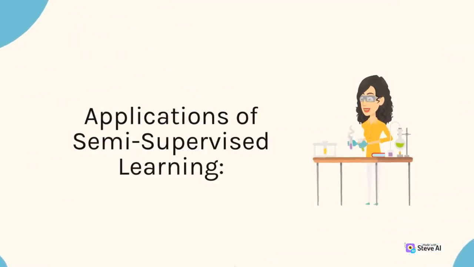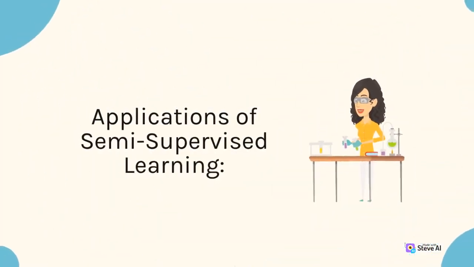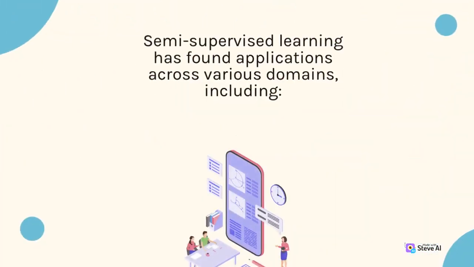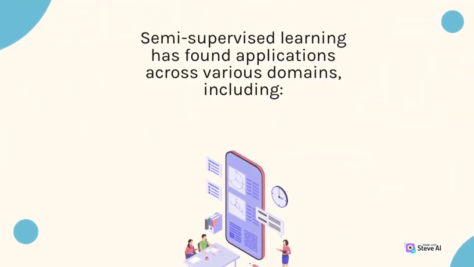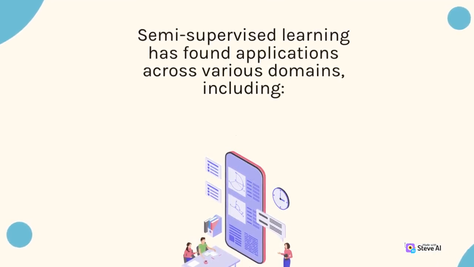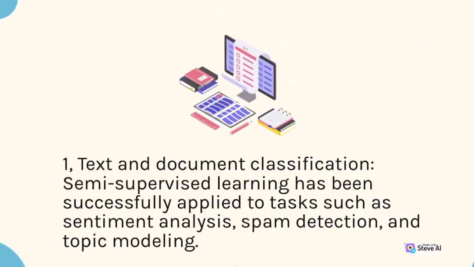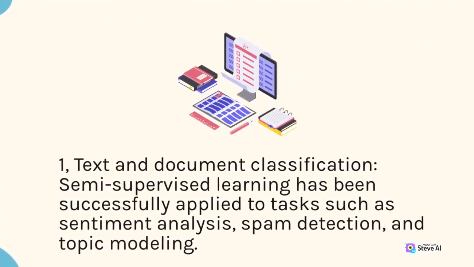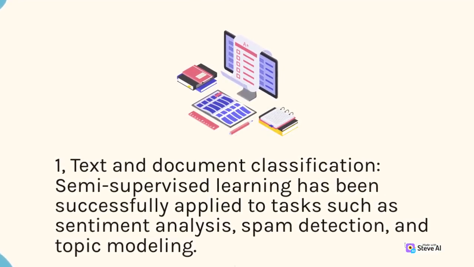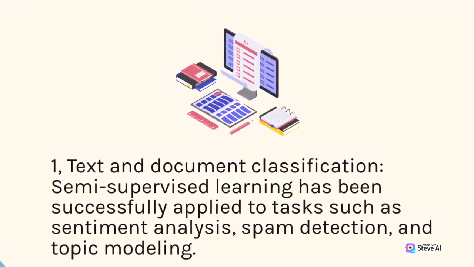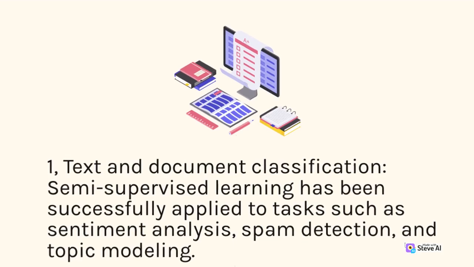Applications of semi-supervised learning. Semi-supervised learning has found applications across various domains, including: 1. Text and document classification. Semi-supervised learning has been successfully applied to tasks such as sentiment analysis, spam detection, and topic modeling.